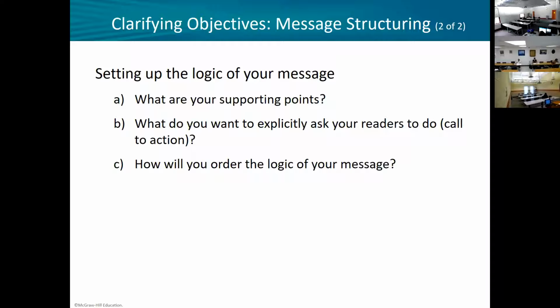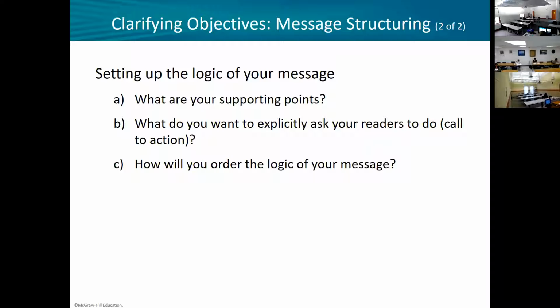Okay, well, that doesn't have any logic in the message structure. If you could support that with, I am getting an answer that my check my answers says is incorrect for question number so-and-so. And then ask yourself, what is it you want the reader to do?